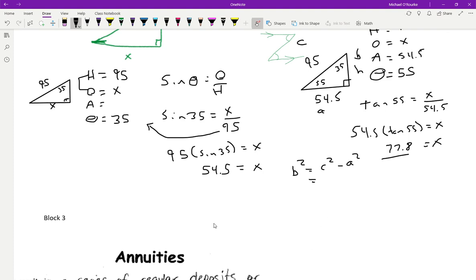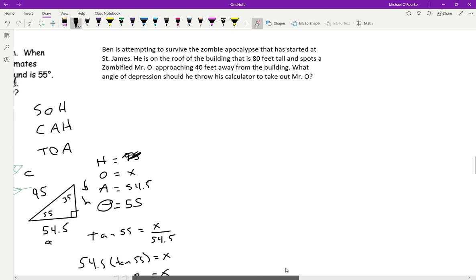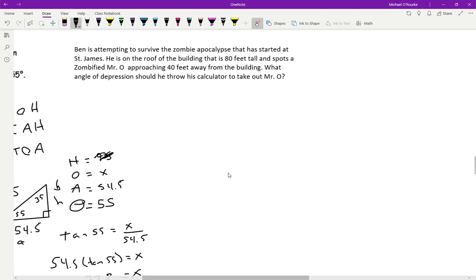Alright, let's do a tougher one now. I made up 2 questions of our own. We'll start with this one with Ben. I'm going to give you a minute to draw the diagram, and I want you to post it in, let me copy this, I'll bring this over to OneNote.